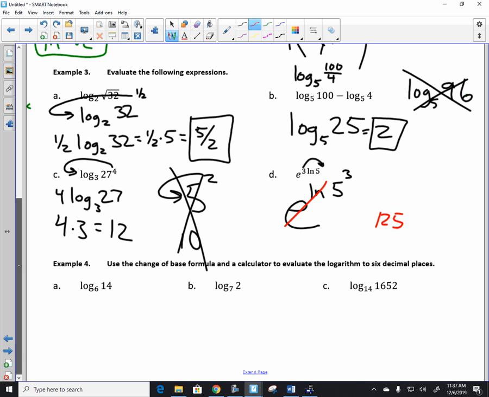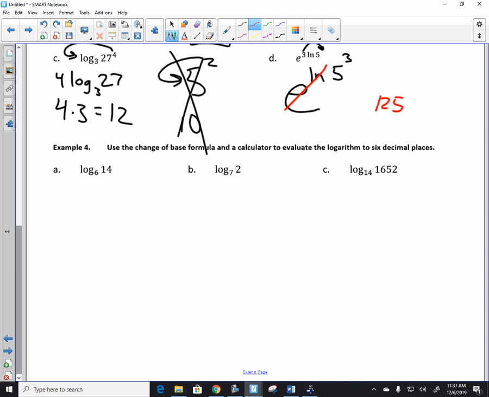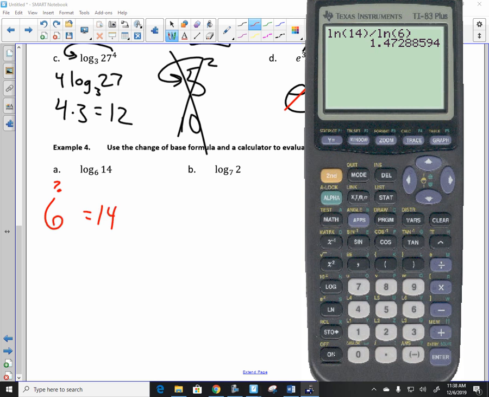So that brings us to our final piece for the day. Log base 6 of 14. We're going to play the guess game. We're going to see how you guys do with it. 6 to what power is 14? You guys lay it on me. What do you got? All right, so we're going 6 raised to the 1.284. Thank you, DeWalt, for your shot. Not even close. Let me give you another one. 1.5.